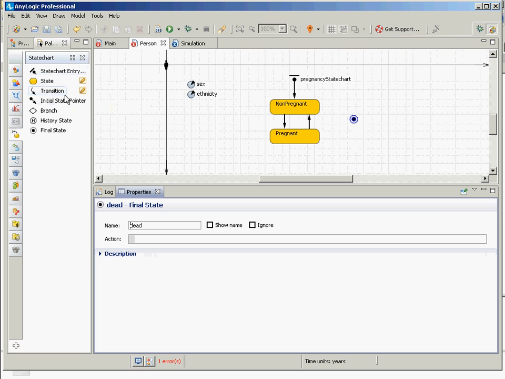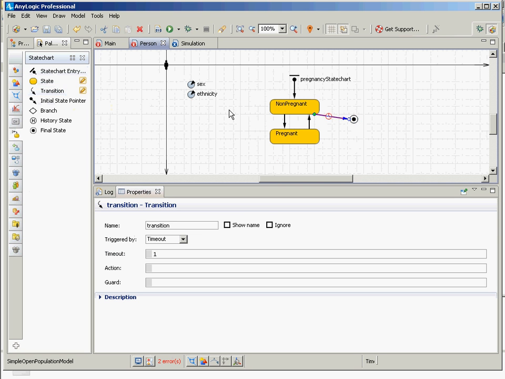So we're going to do one transition from non-pregnant, one transition from pregnant to the death state. So now we have a situation where people come in, they're living, they can become pregnant, go back to a non-pregnancy state upon delivery, and they can die from either state, in any of those states.